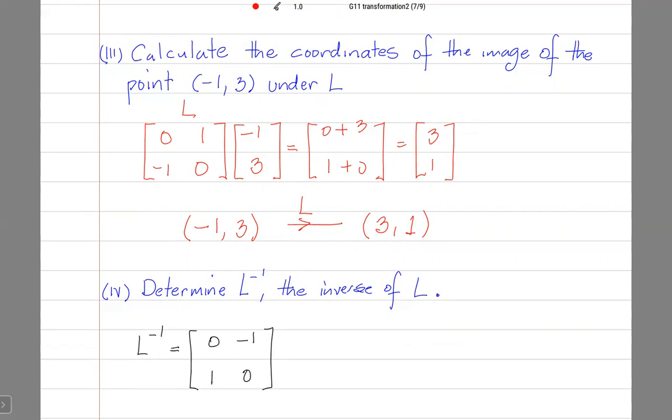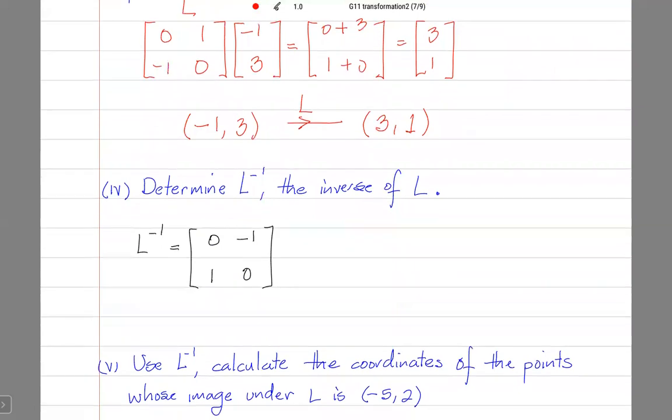So I don't know if this is correct for L inverse though. Let's erase this. I don't think it's correct.